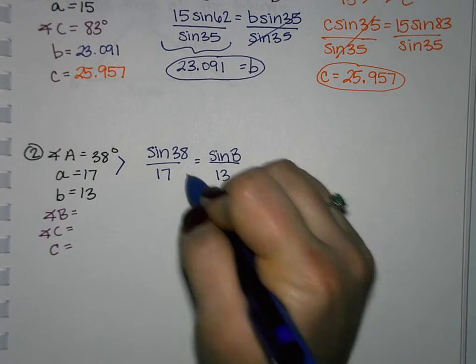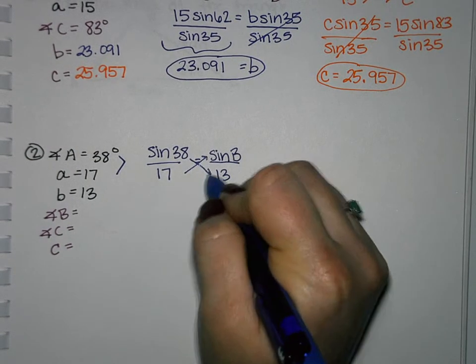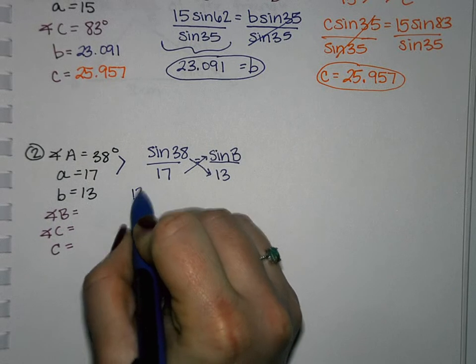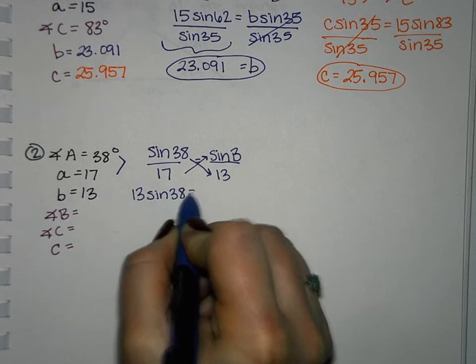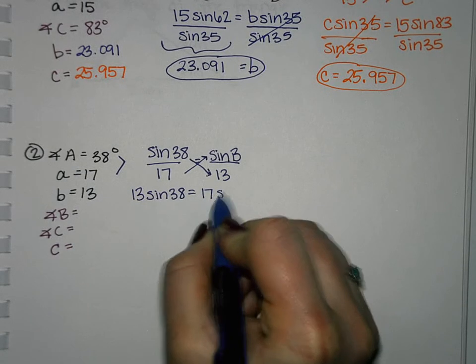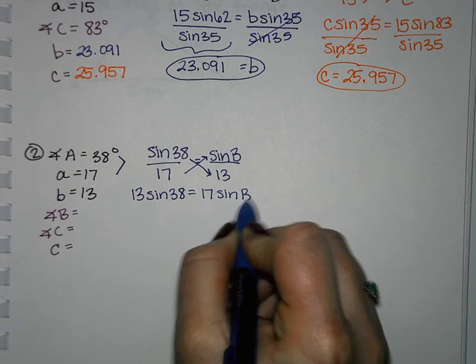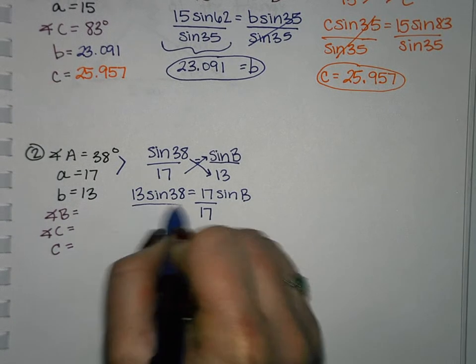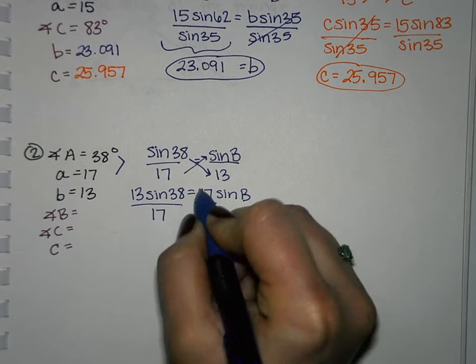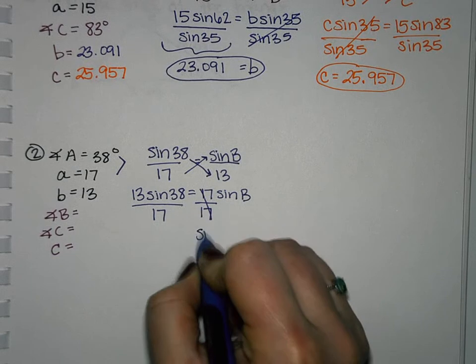We'll still cross multiply. So 13 sine 38 equals 17 sine B. We'll need to divide both sides by 17 to get the sine B by itself.